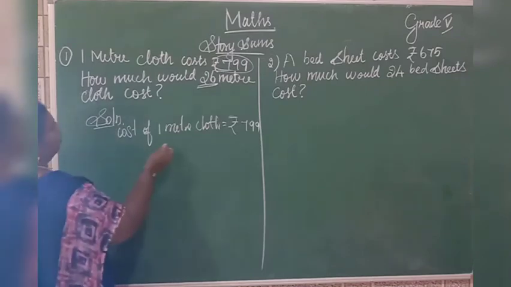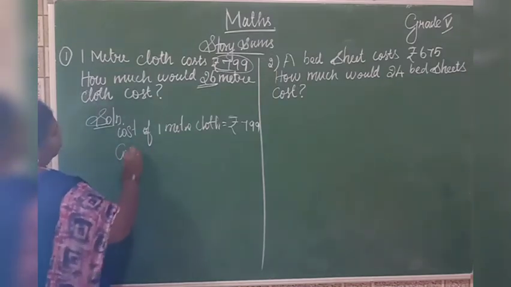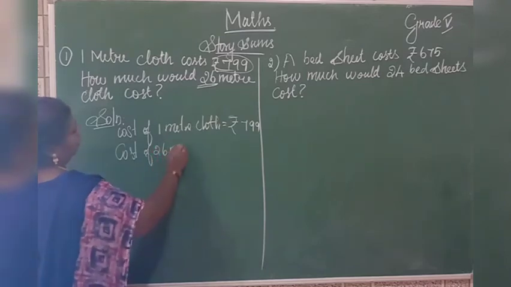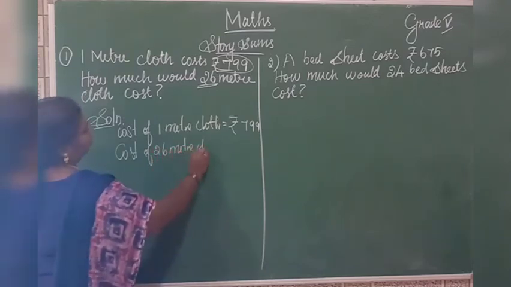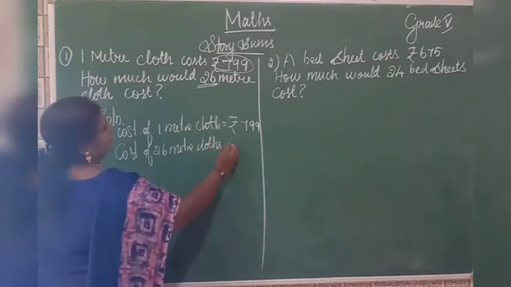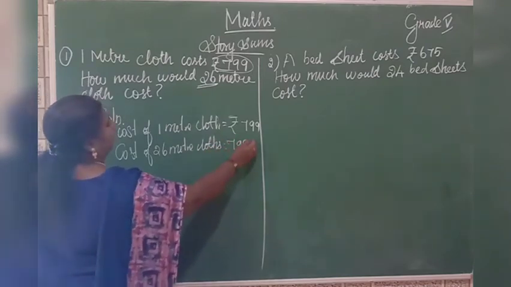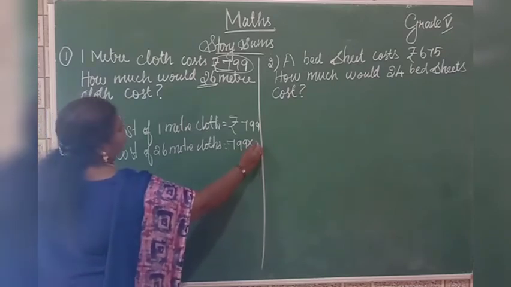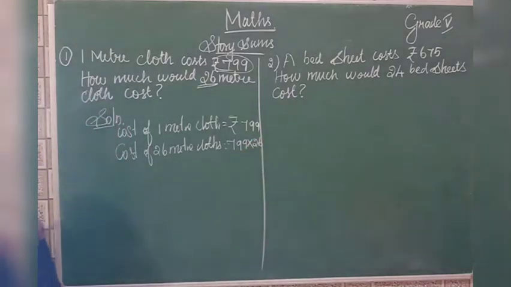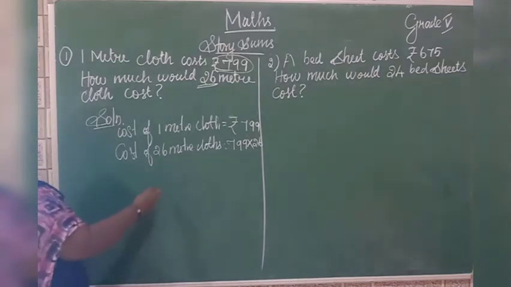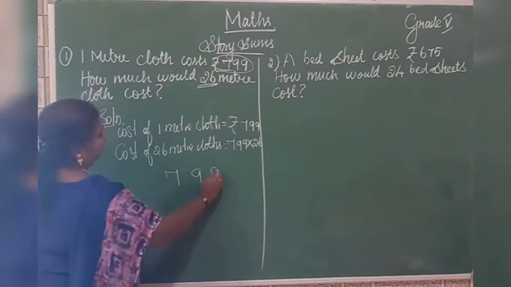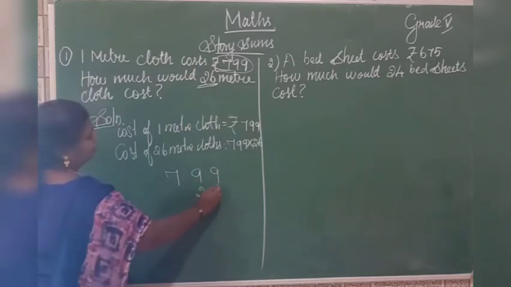Then we want to calculate the cost of 26 meter cloth, equal to 799 into how much? 26, right? So you know how to multiply, isn't it? Yes, multiply 799 into 26.